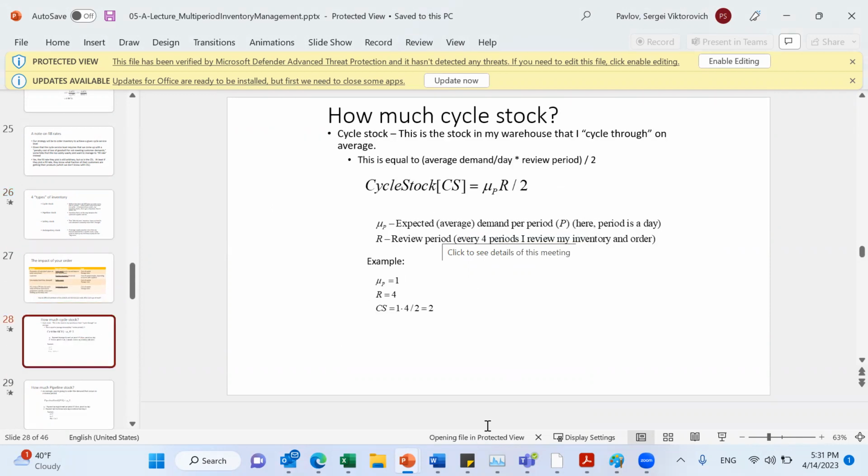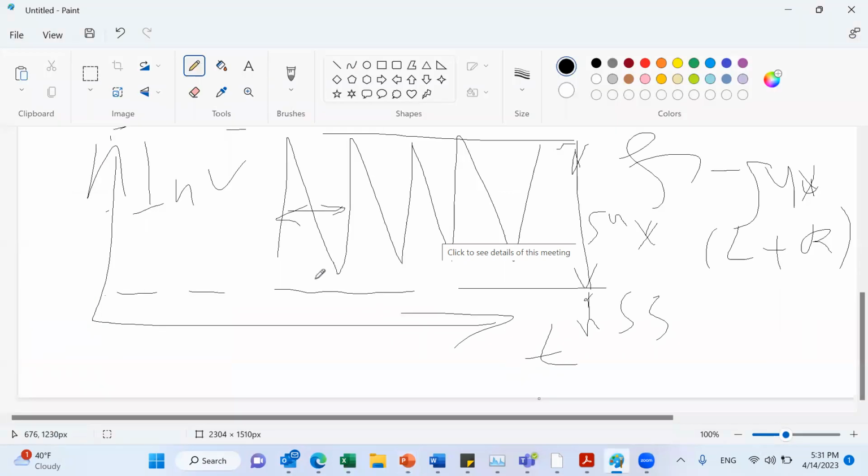So the cycle stock takes into account that we don't order every minute or every second, that we have our periodic review. And basically what this formula means, we go back. Okay, this is between the orders. This is our mean between the orders. And this is our review time, right? So basically review time equals how often we make orders, right?